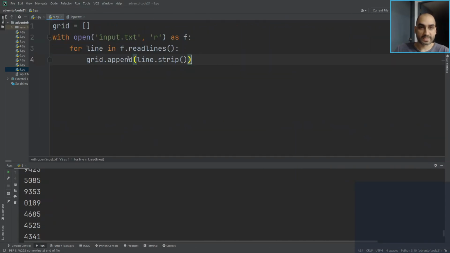Or should we store them as ints because we actually care about their values? Alright, just take a quick peek at this grid.